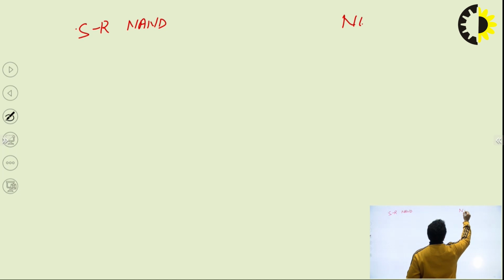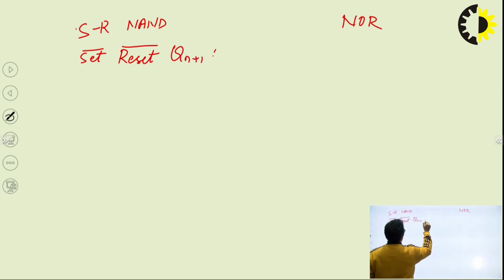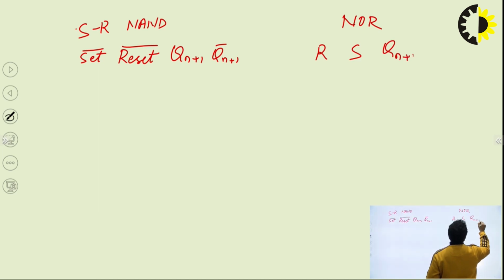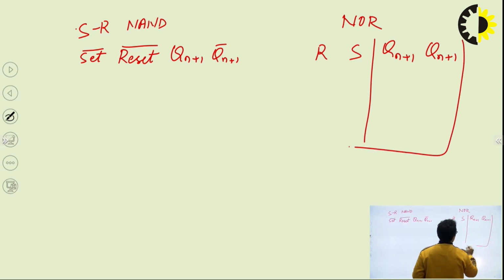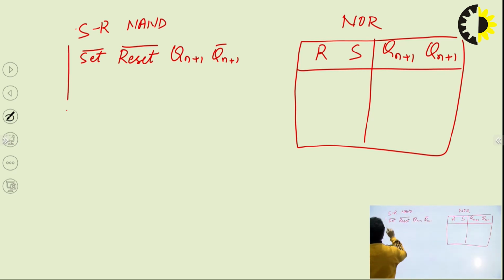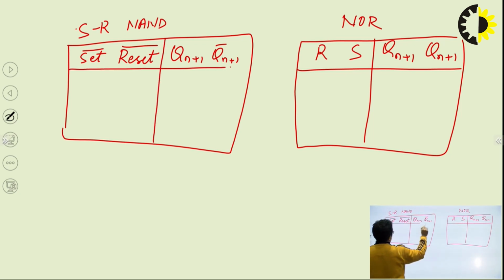In the case of a NAND, we have discussed that it is set complement, reset complement, and your Qn plus 1, Qn plus 1 complement. Similarly here we have R, S and Qn plus 1, Qn plus 1 complement. So these are all the possible things which are available with the SR latch in the case of NAND as well as NOR.